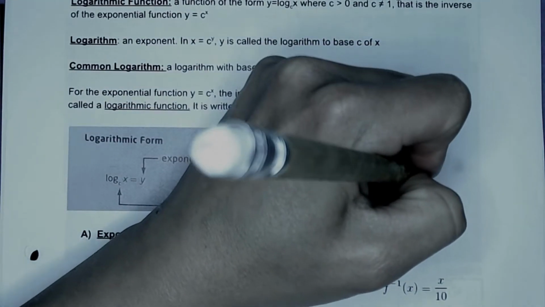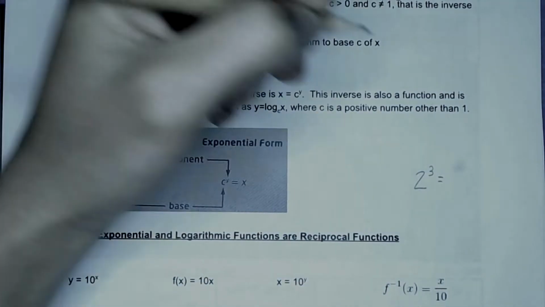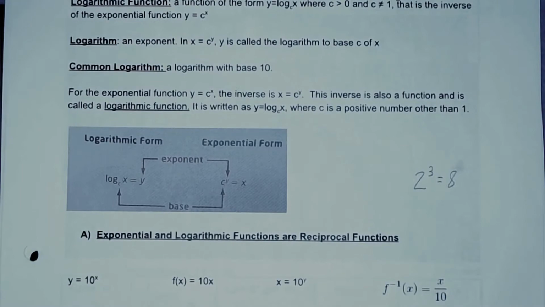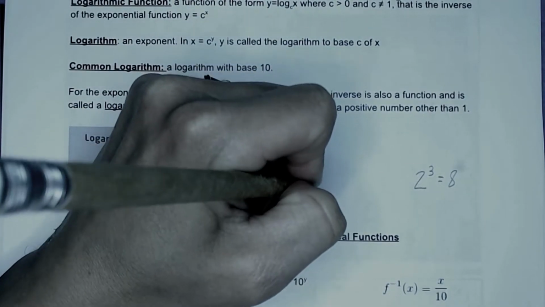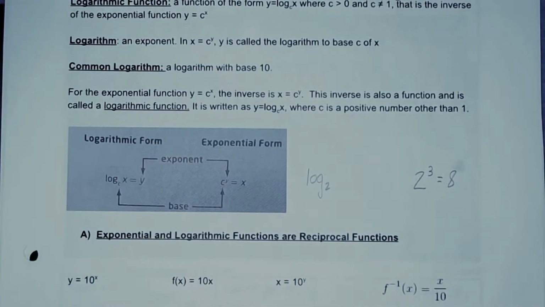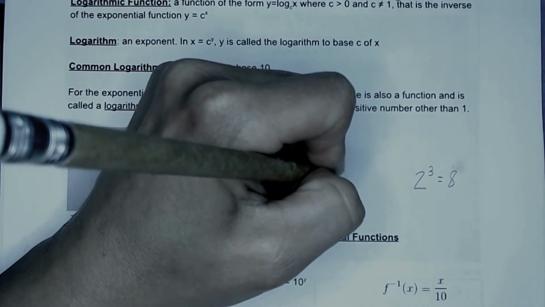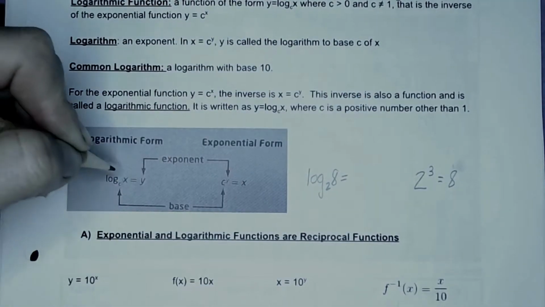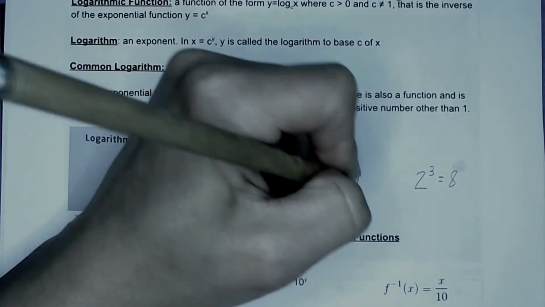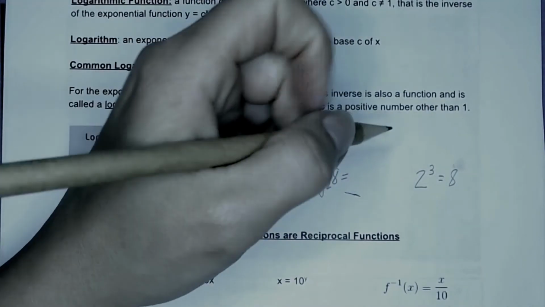So for example, if we had 2 to the power of 3 equals 8, in logarithmic form it would look like this. Log of 2, that's your base. Your x is your answer, it corresponds to this number here. So 8 is equal to y is equal to 3.